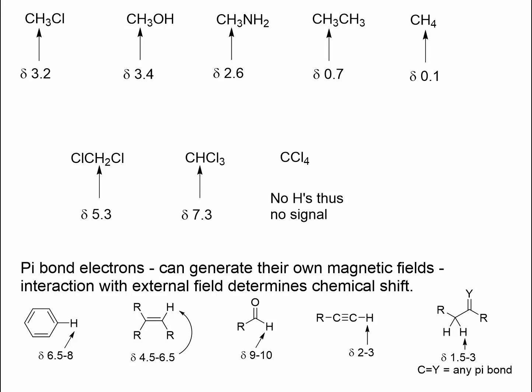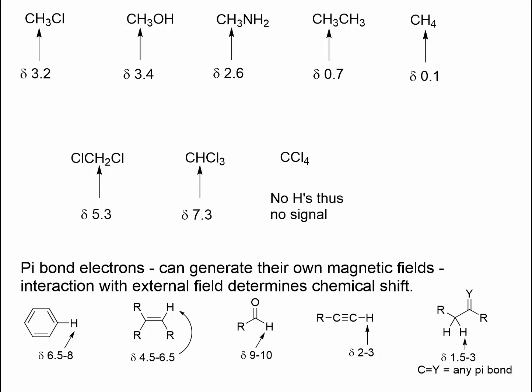So we go from a hydrogen to a chlorine, it goes up to 3.2, but the next one only takes us to 5.3. Okay, so it's not perfectly additive, but you can say the more of them you have, the higher your chemical shift is going to be.